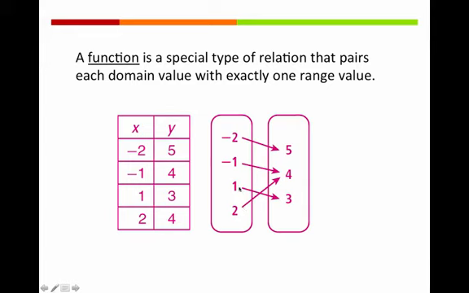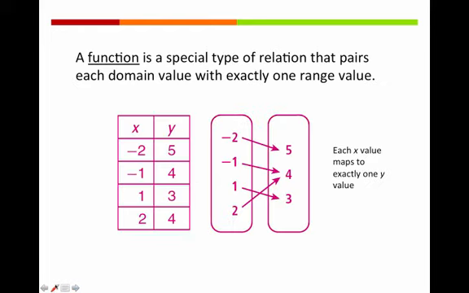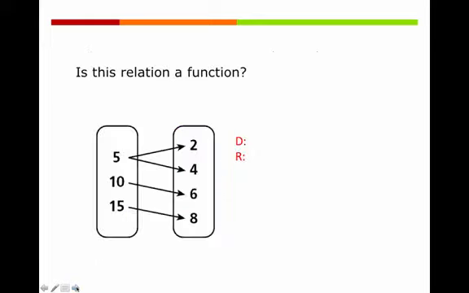Notice this 1 only goes to 3. This 2 only goes to 4. Yes, -1 and 2 both go to 4, but -1 only has one y value. 2 only has one y value. Okay, so that was in fact a function.